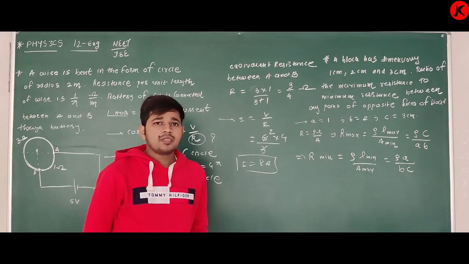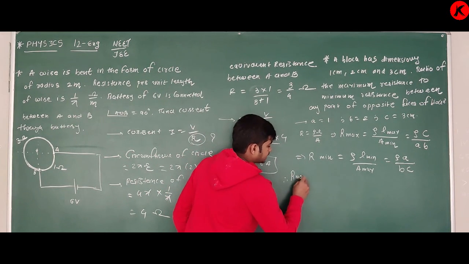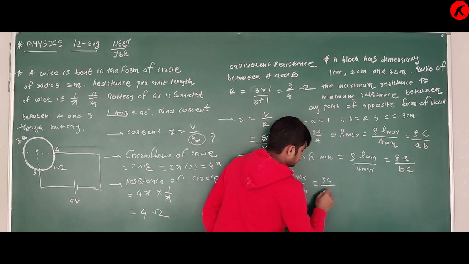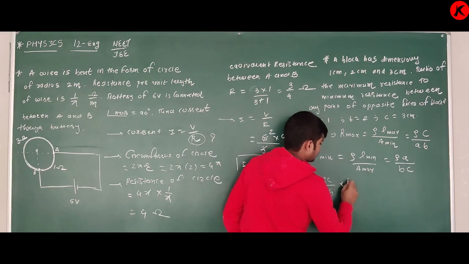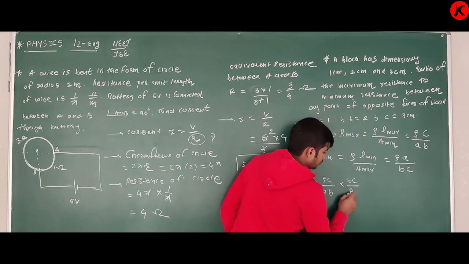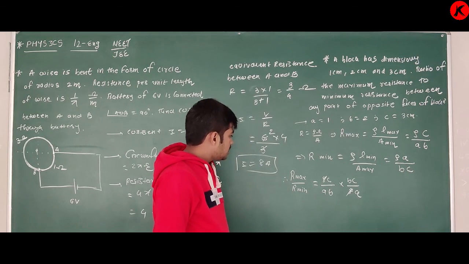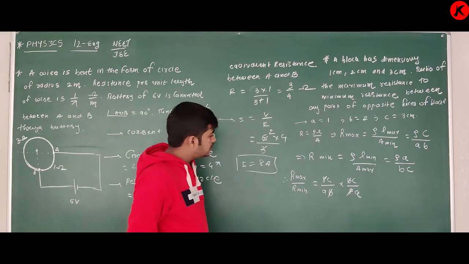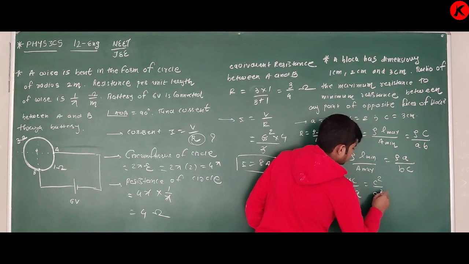Clear about this? Now you have to find the ratio. So R maximum upon R minimum. R maximum is rho C upon AB. And for R minimum I can write the reciprocal of this, BC upon rho A. Rho cancels, B cancels, so it is equal to C square upon A square.